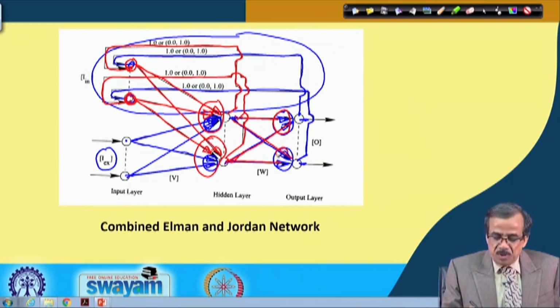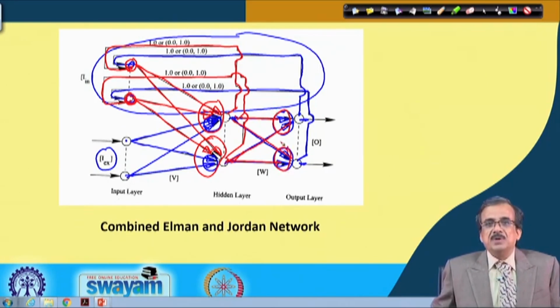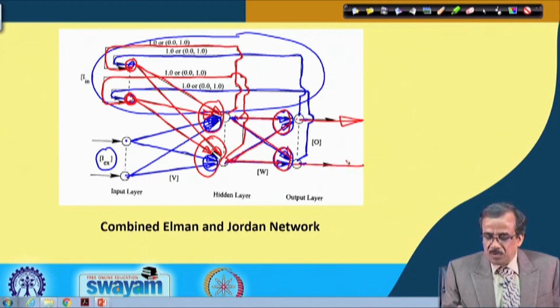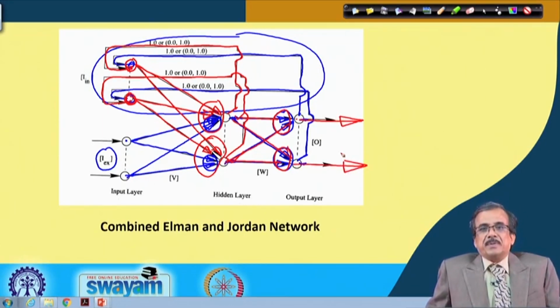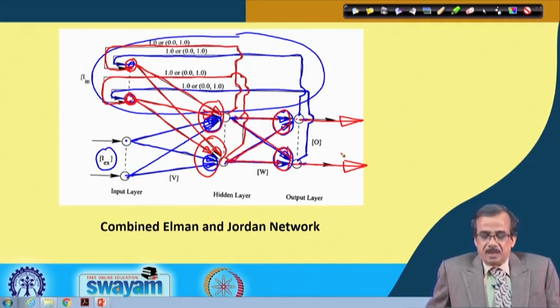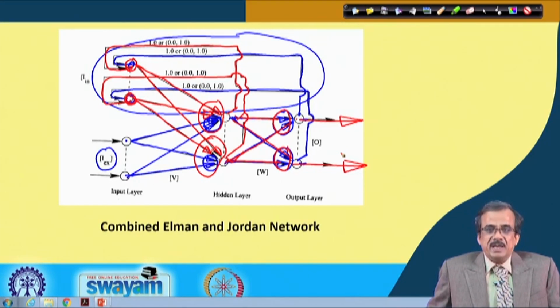So, these inputs for the output neuron we are going to collect, and these inputs will pass through the transfer function, and ultimately we will be getting the final output of this particular network, and this completes one cycle of the combined Elman and Jordan network.